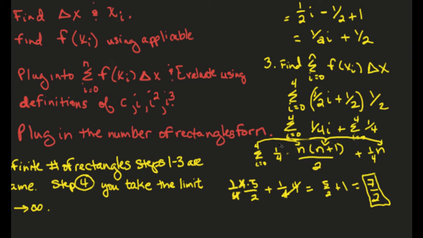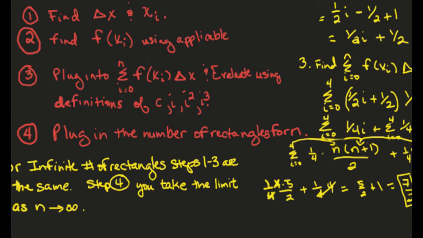And if you were doing this problem using infinite rectangles instead of 4 finite rectangles, there would be a step here. Instead of plugging in 4, you would take the limit as n approaches infinity. That's one main difference.